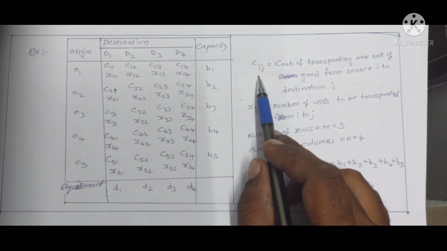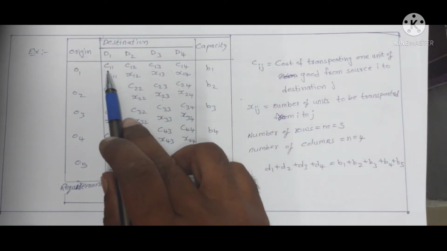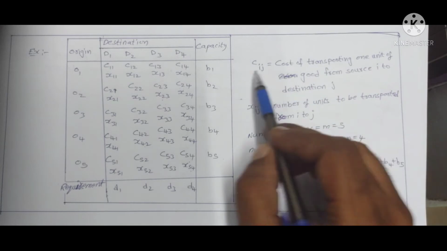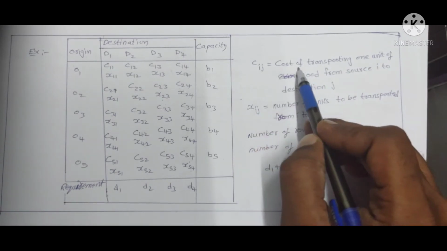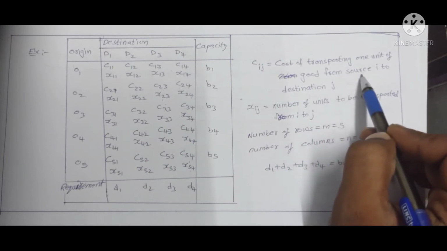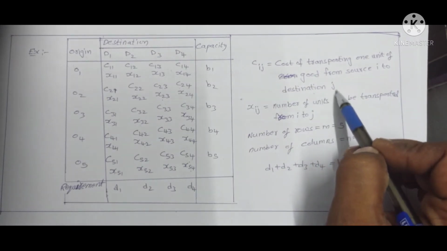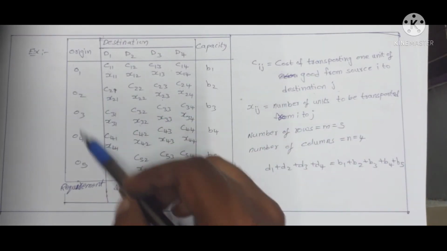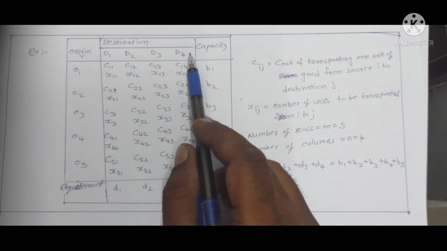What is meant by Cij? I already said C11, C12, all that. Cij is the cost of transporting 1 unit of good from source i to destination j. We are transporting a good from any one of the origins to any one of the destinations.